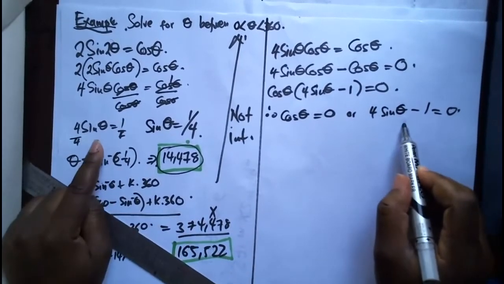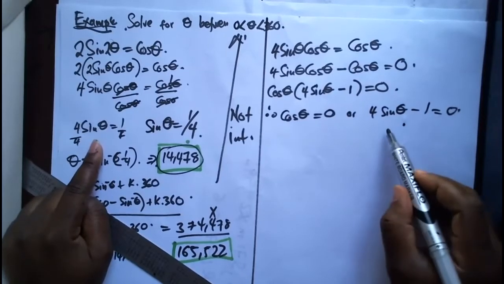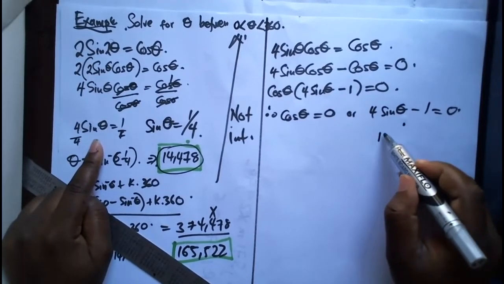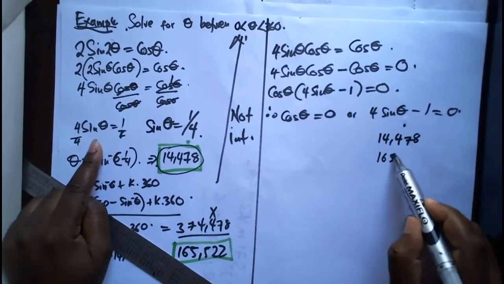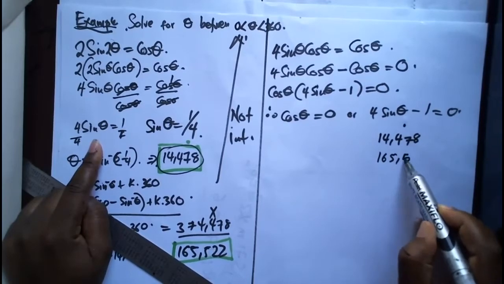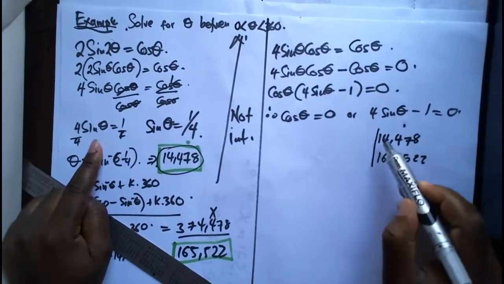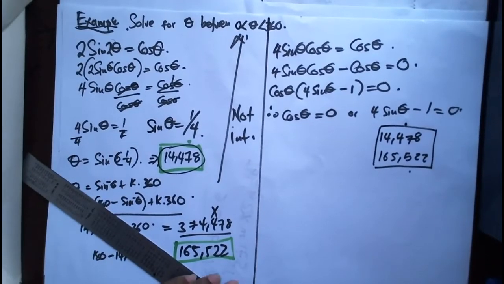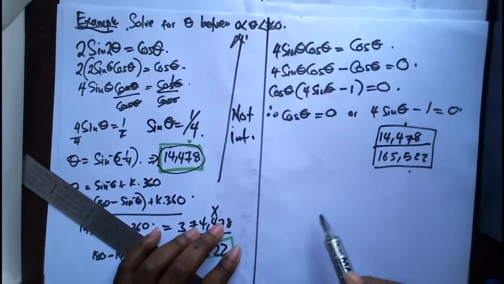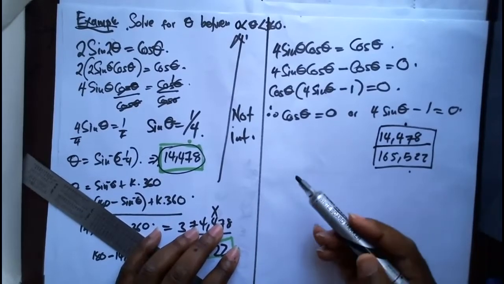With this one, it is the one that we solved here. So I have my solutions already, which are 14.478 and 165.522. So I have my two solutions already, and cos theta is equal to 0.